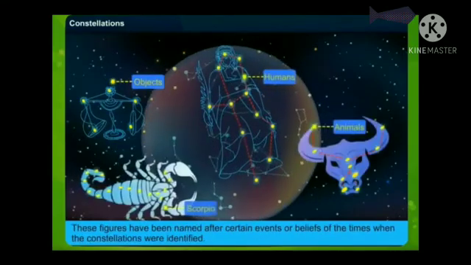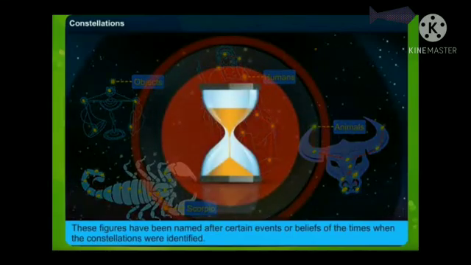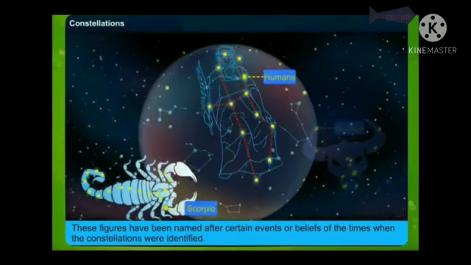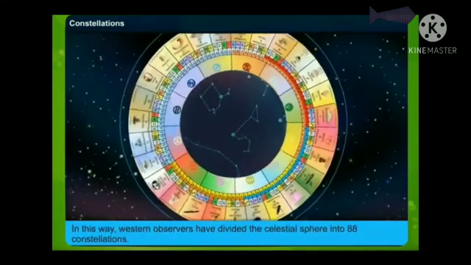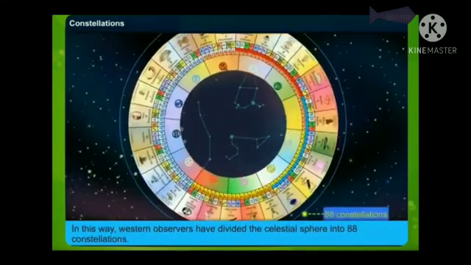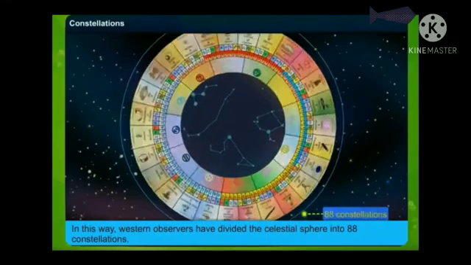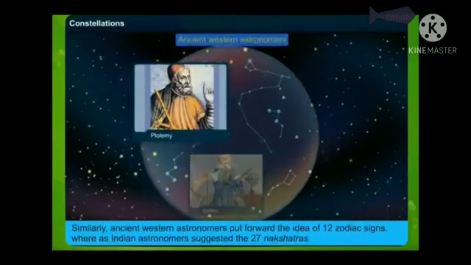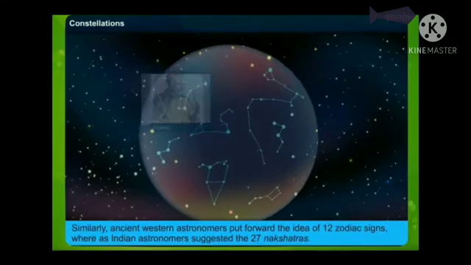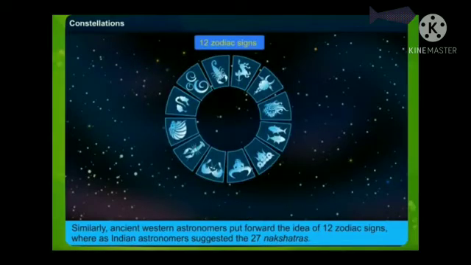These figures have been named after certain events or beliefs of the times when the constellations were identified. In this way, Western observers have divided the celestial sphere into 88 constellations. Similarly, Western astronomers put forward the idea of 12 zodiac signs, whereas Indian astronomers suggested the 27 nakshatras.